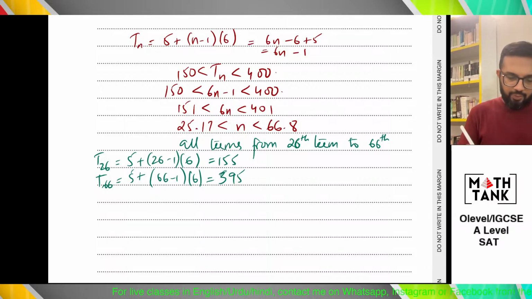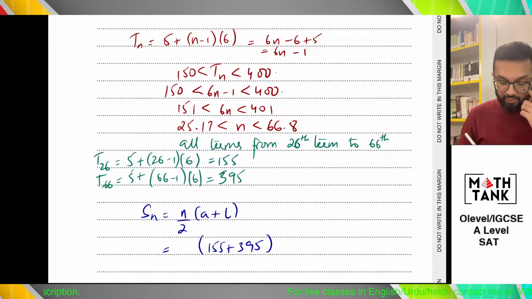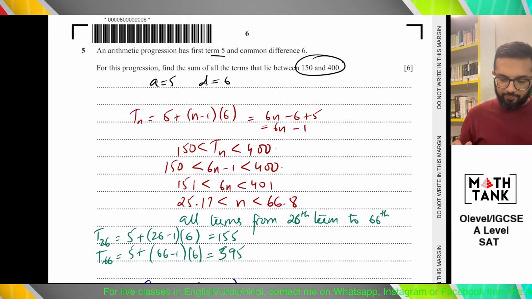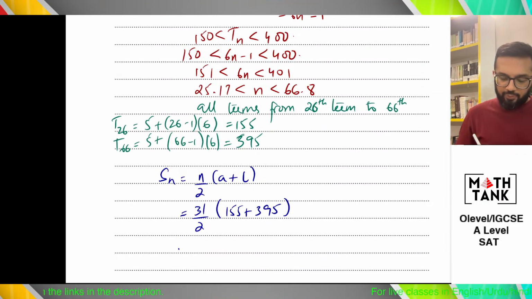Okay, so sum of all terms is basically n over 2, a plus l. I have a, I have l. N is the number of terms, so 66 minus 26 gives you 30, plus 1 is 31. 31 terms, so 159 plus 395. I thought I was doing it a longer way, but this has a lot of marks, so this is the best way out. So divide by 2 gives me 85, 25.